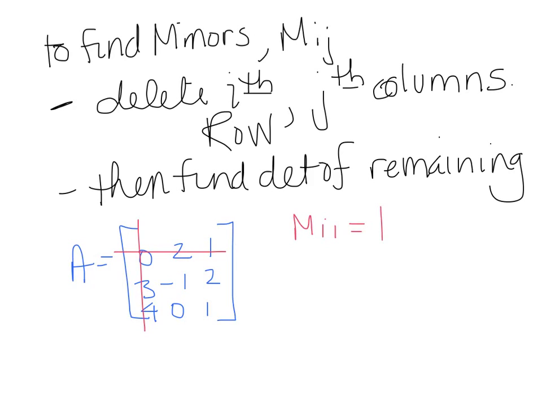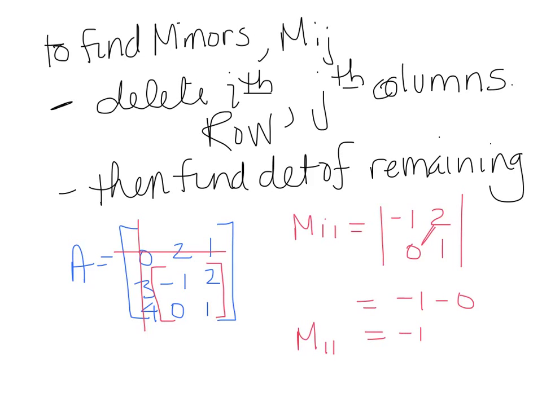The remaining matrix, whose determinant we'll find, is negative 1, 2, 0, and 1. Now I find that determinant: on the diagonal, minus 1 times 1 is minus 1, minus, on the other diagonal, 0. So M11 is equal to negative 1.